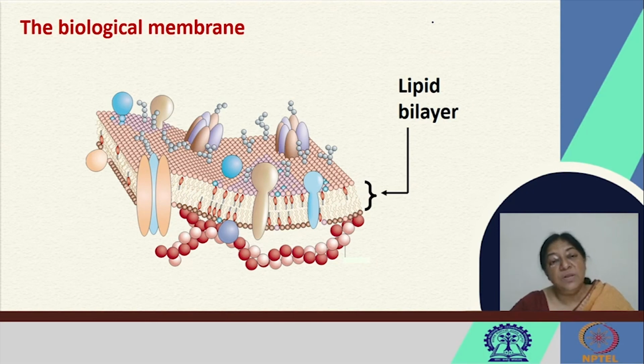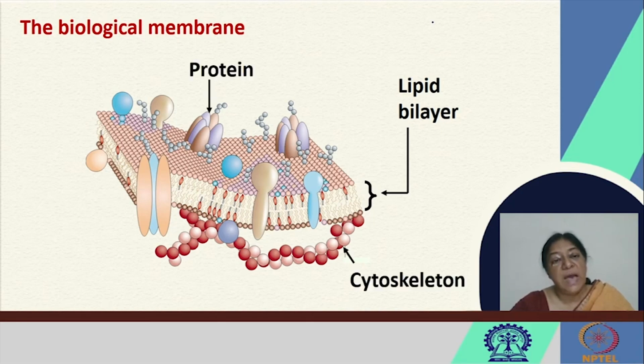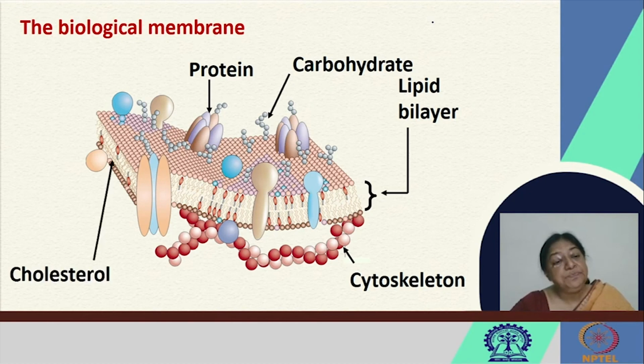This is called a fluid mosaic model because of the different components present on the membrane. We have the cytoskeleton. We have different proteins on the membrane. These proteins have specific roles to play. We have carbohydrates that are attached to the proteins, where we'll be looking at this in the protein carbohydrate interactions that we will study in the following module.